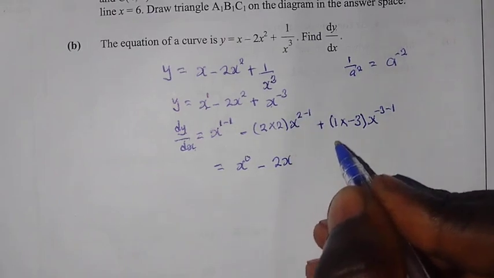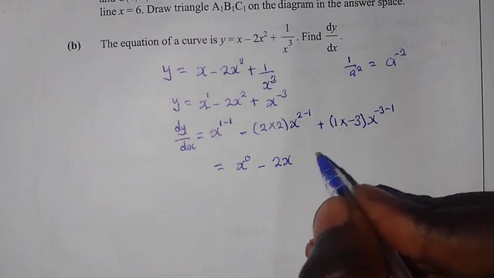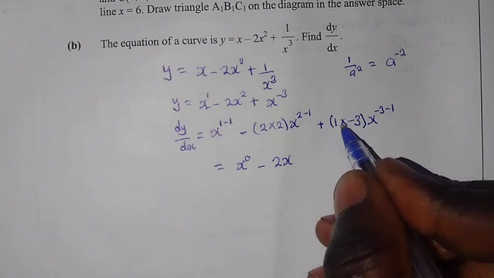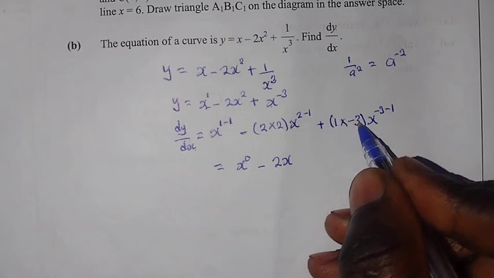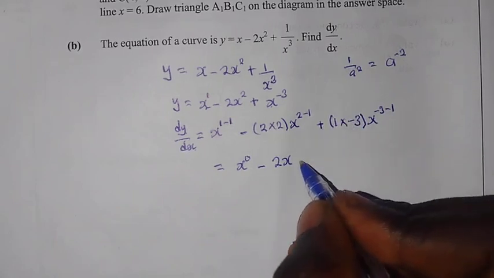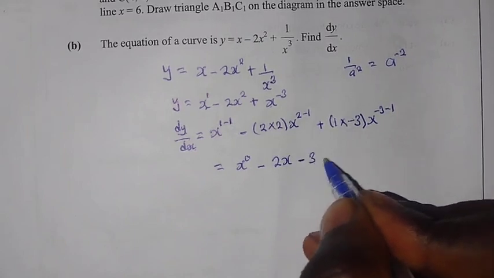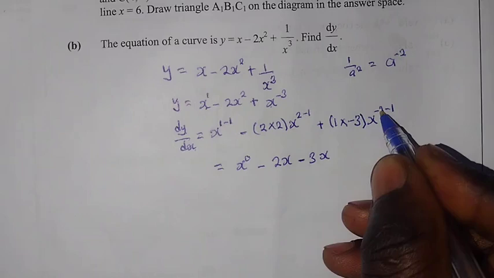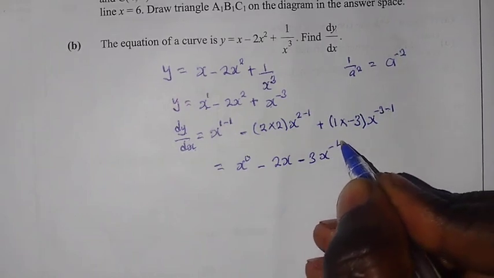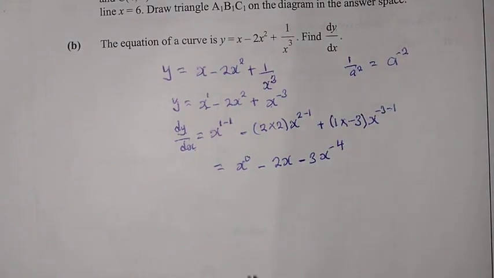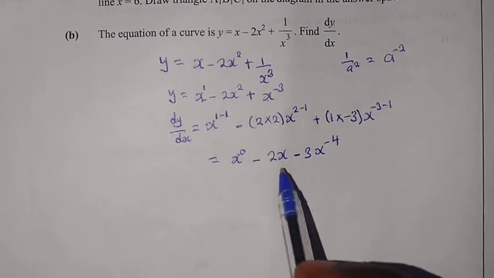I won't write the 1 here. Then 1 times negative 3 is negative 3, so we write minus 3, then x power negative 3 minus 1, which is negative 4. So this is what we are going to get here.